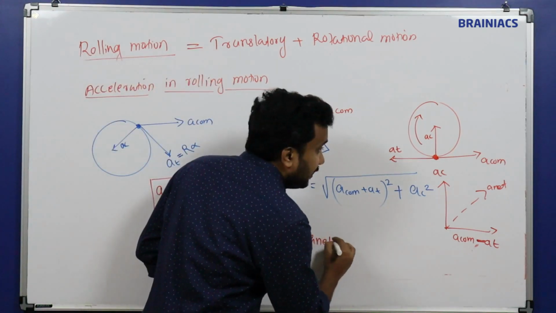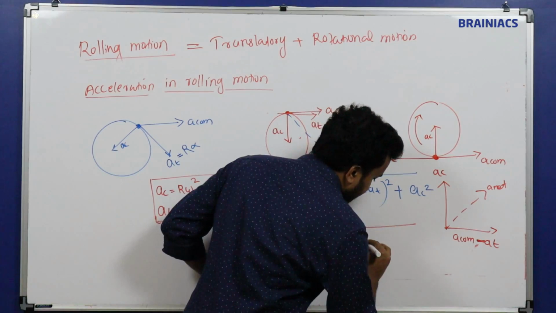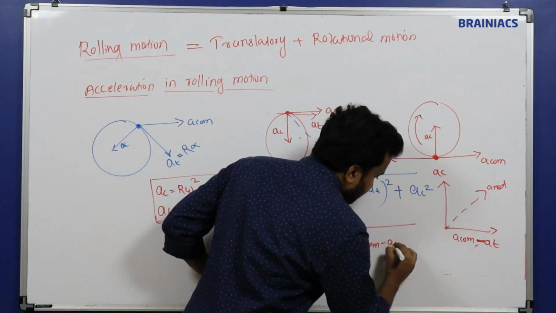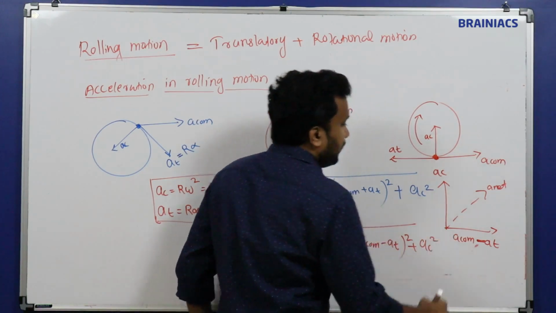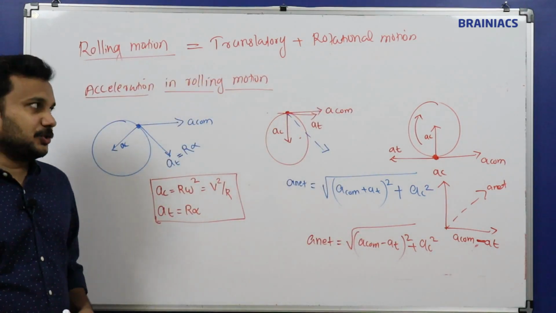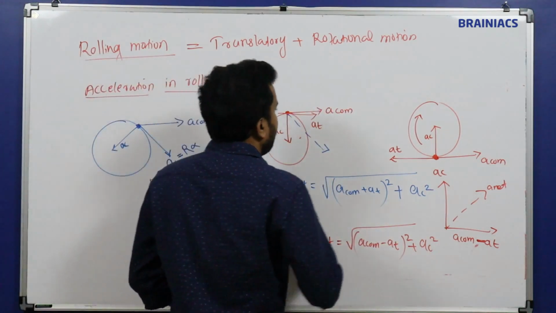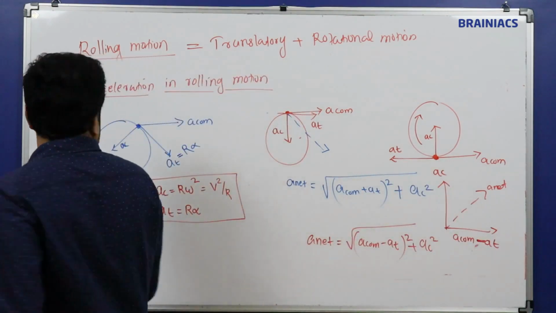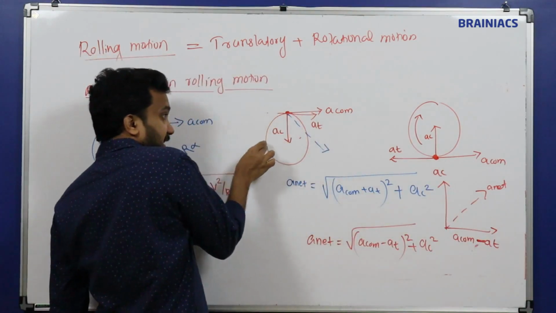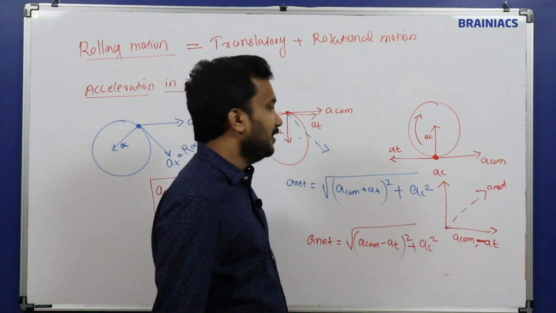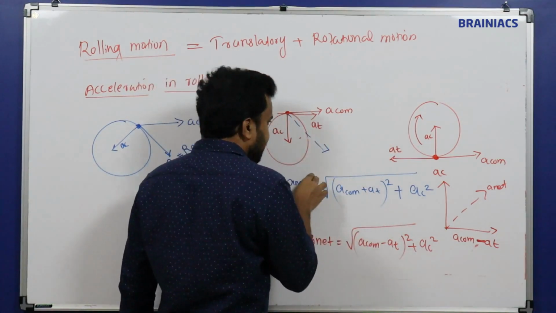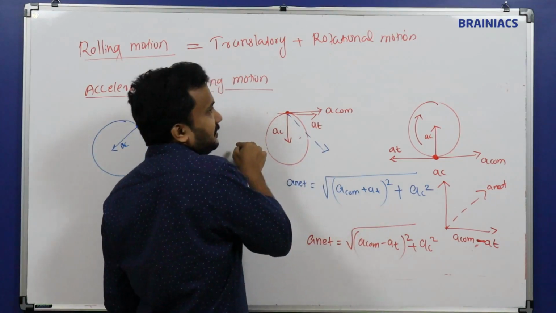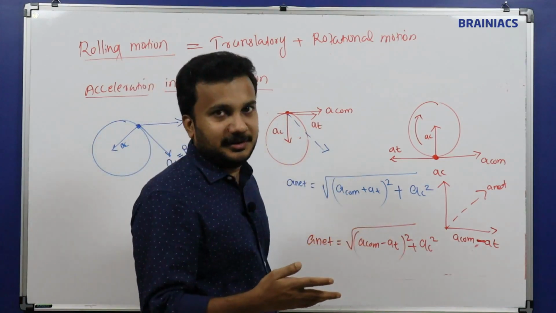Now you know A net equals root of (ACOM minus AT) the whole square plus AC square, where AC is the centripetal acceleration. At any point, whether it is here or here, ACOM is in this direction, AT is in this direction, AC is in this direction, so you have to calculate it accordingly.